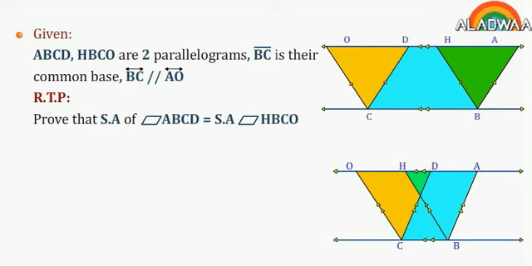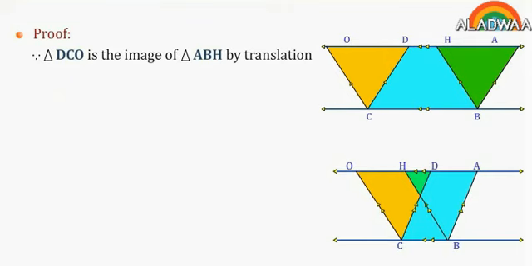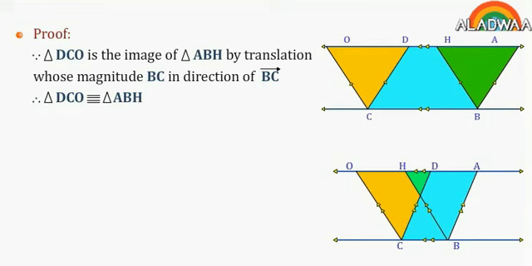Proof. Since triangle DCO is the image of triangle ABH by translation, whose magnitude is BC in the direction of ray BC, therefore triangle DCO is congruent to triangle ABH. Therefore, the surface area of ABCO minus the surface area of triangle BCO equals the surface area of ABCO minus the surface area of triangle ABH.